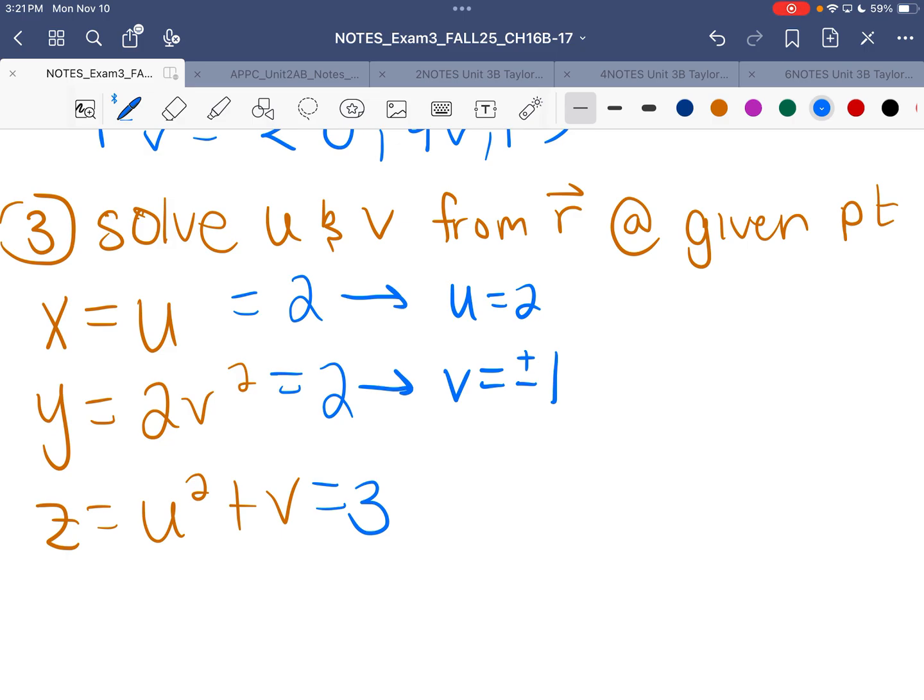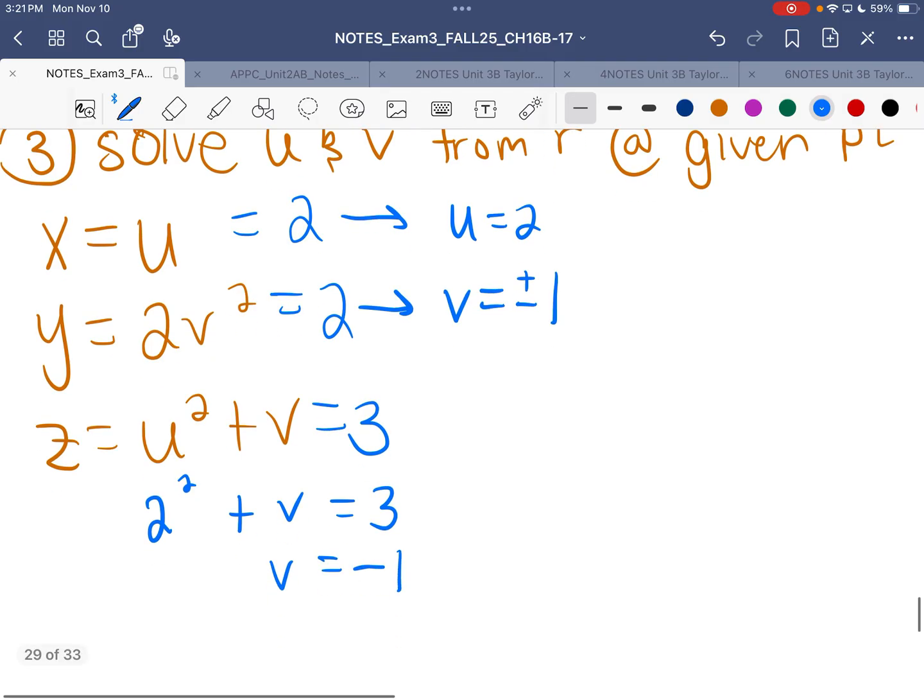So then we have to confirm with Z which positive or negative V value we are using. So on Z we would have 2 squared plus what would equal 3? I think it has to be negative 1, right? Because you're doing 3 minus 4. So your U and V is going to be 2 and negative 1.